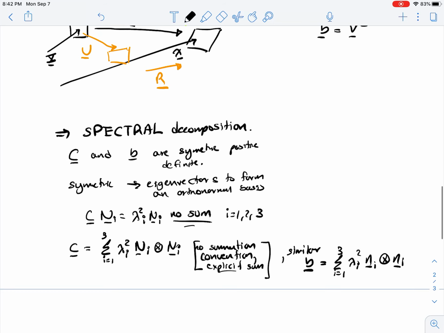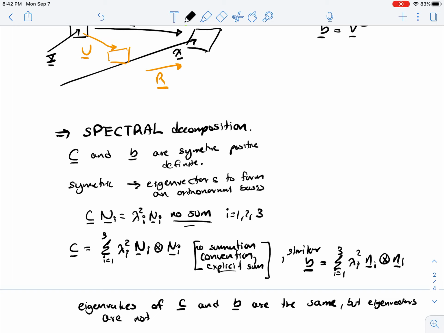I don't know if I said this, but I'm going to say it right now: the eigenvalues of C and B are the same, but the eigenvectors are not the same, but are related.